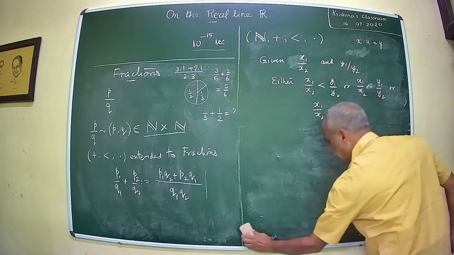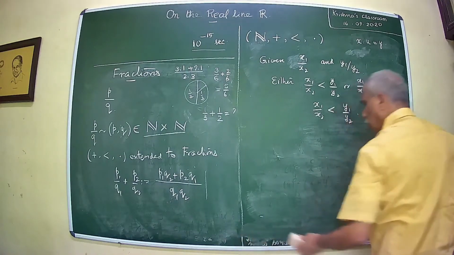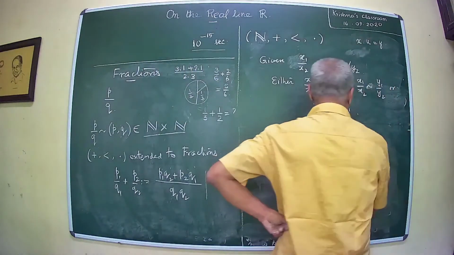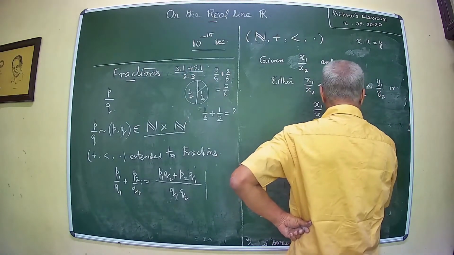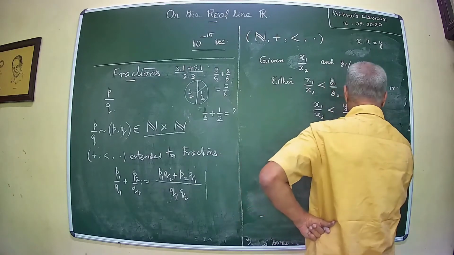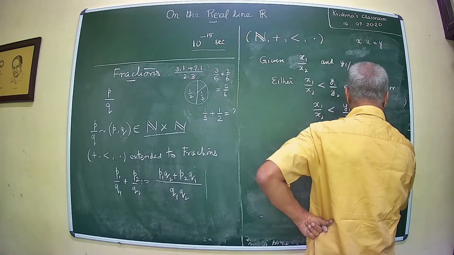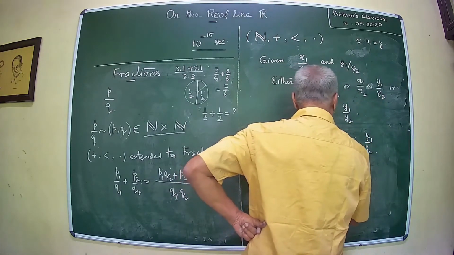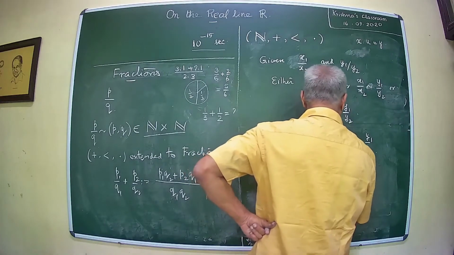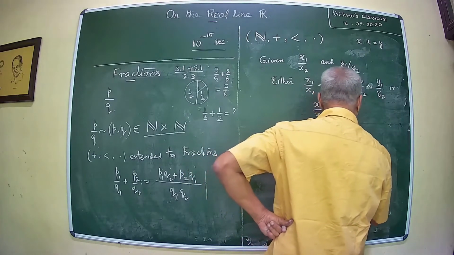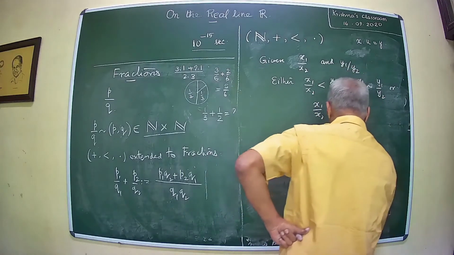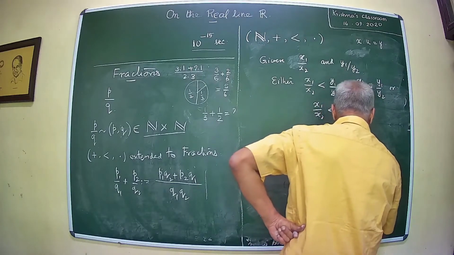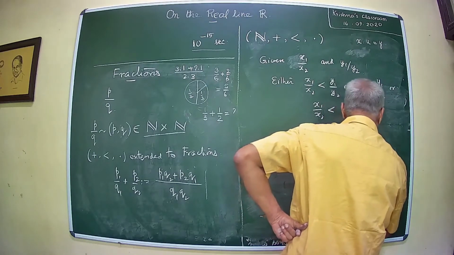One of the three properties is valid. Moreover, one of the important things that you can prove is this: given x1 by x2 is less than y1 by y2, then there exists z1 by z2 such that x1 by x2 is less than z1 by z2 less than y1 by y2.